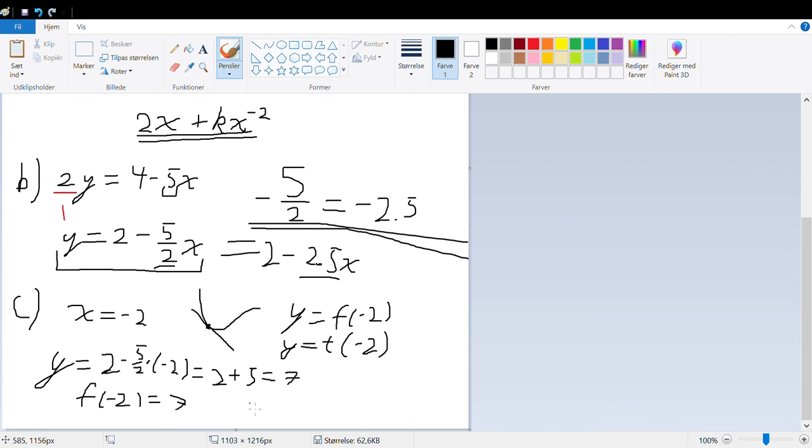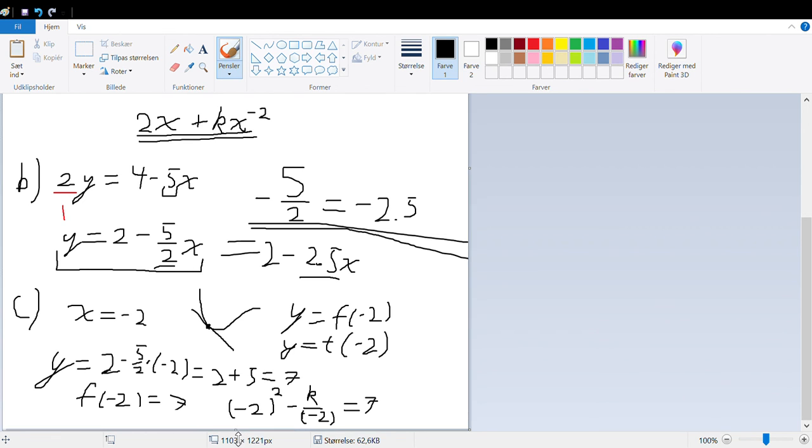If I do here minus 2 squared, and then after that, minus k times minus 2, or maybe I should be more simplistic here and say k divided by minus 2. This should be equal to 7 if k is to work.